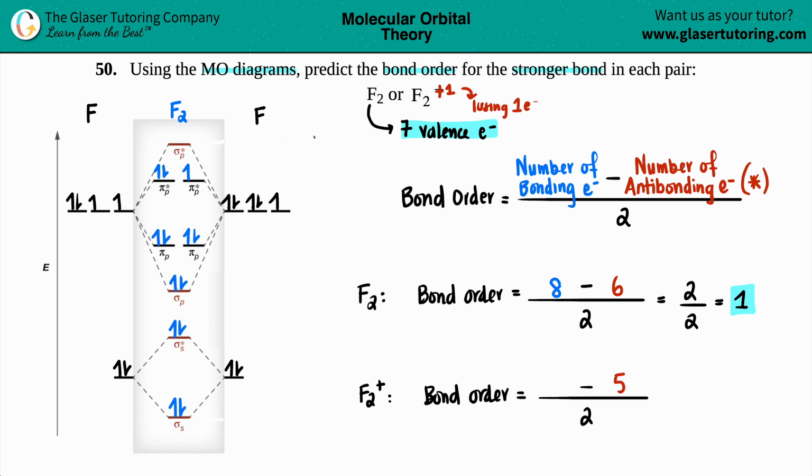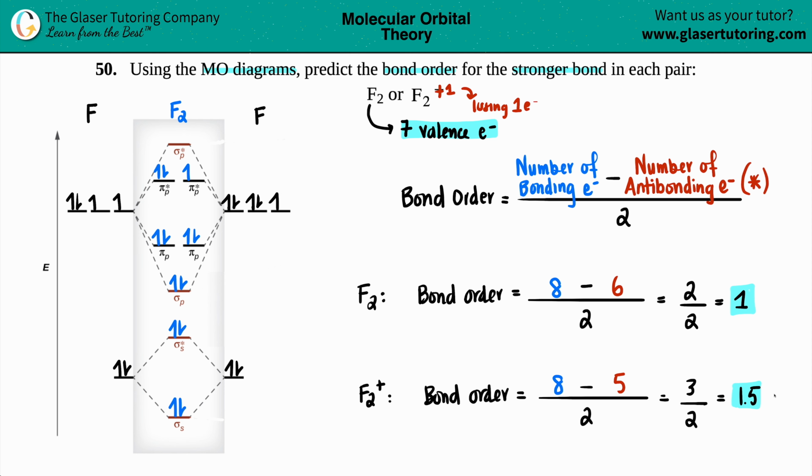And now, it seems like we didn't touch the bonding, but let's just make sure. 2, 4, 6, 8. So that doesn't change. And now, let's just do the math. 8 minus 5 is 3. Yep. 3 divided by 2 is 1.5. So the bond order for F2+ is 1.5.